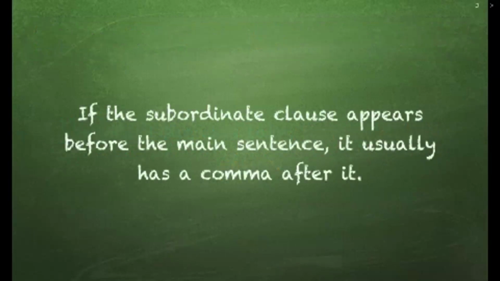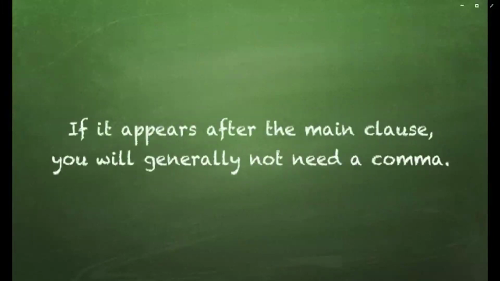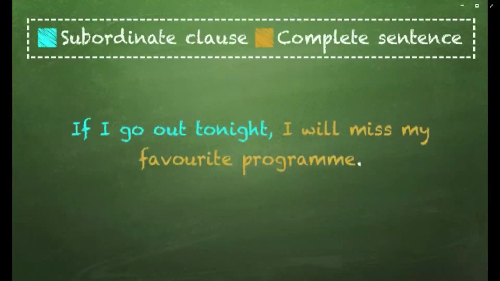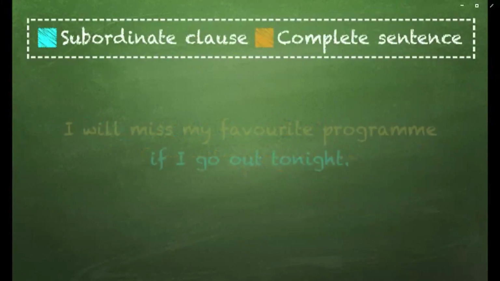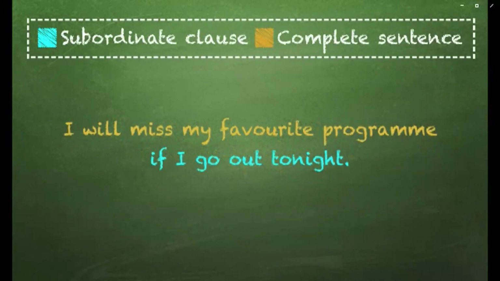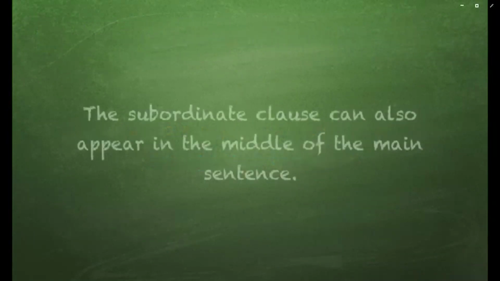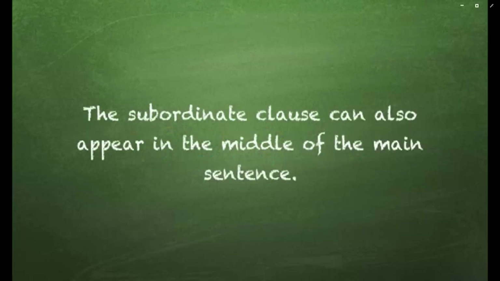If the subordinate clause appears before the main sentence, it usually has a comma after it. If it appears after the main clause, you'll generally not need a comma. The subordinate clause can also appear in the middle of the main sentence.